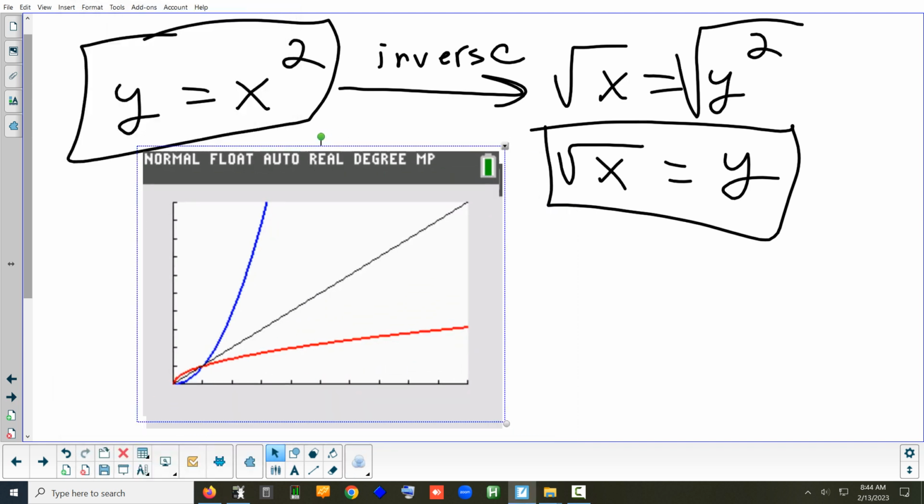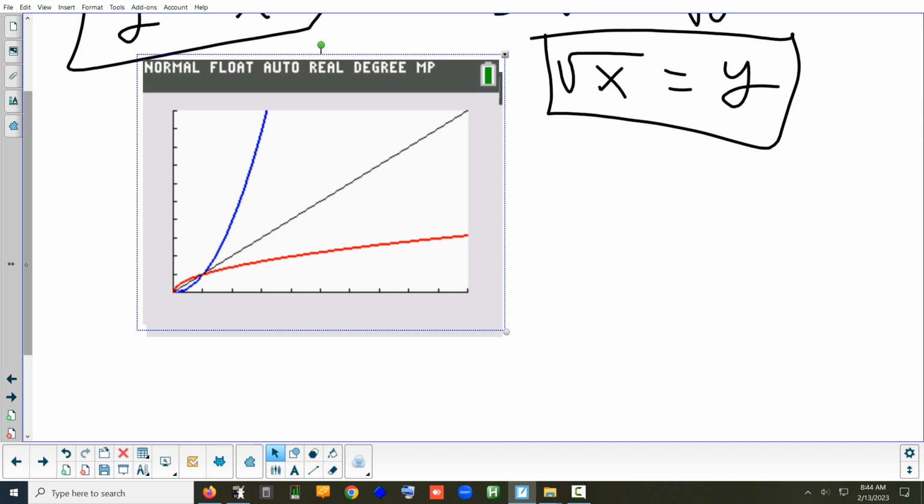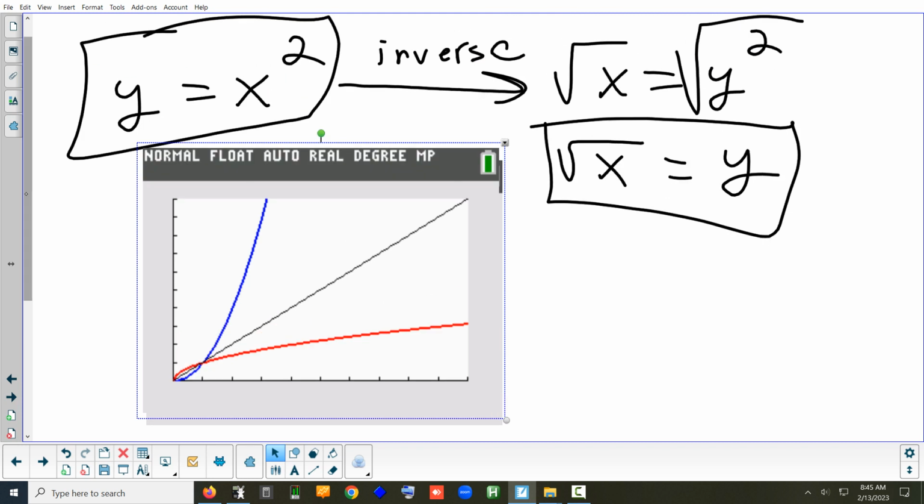Okay, so now look at that. If you could fold that right on that black line, the blue one would land exactly on top of the red one. And that always happens when you have two inverse functions. They're mirror images of each other when you draw them over the line y equals x.